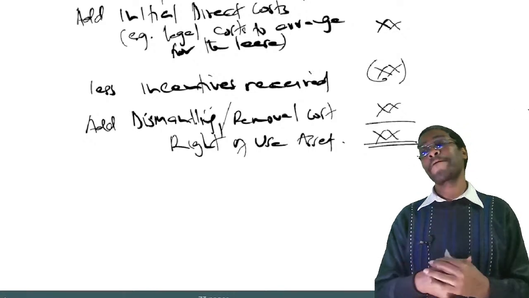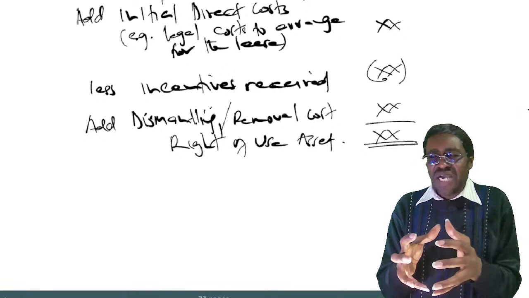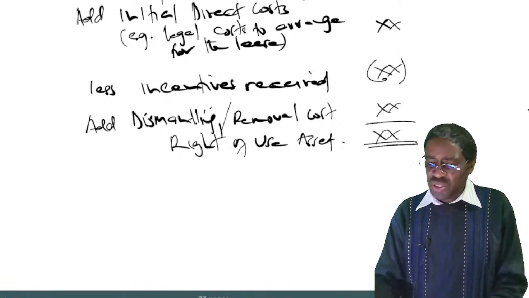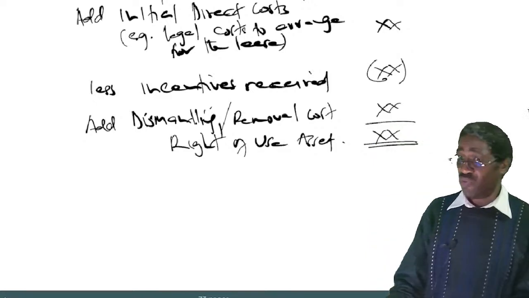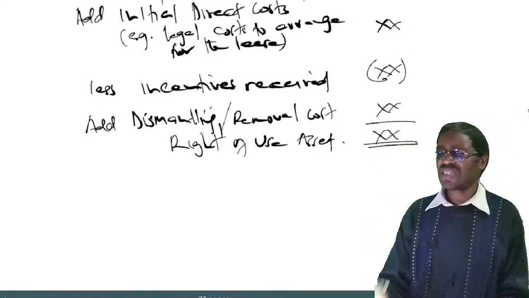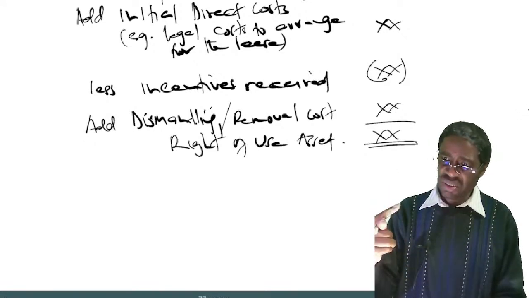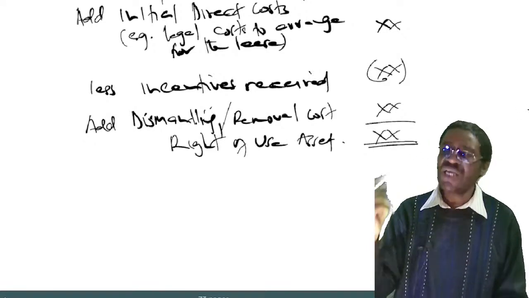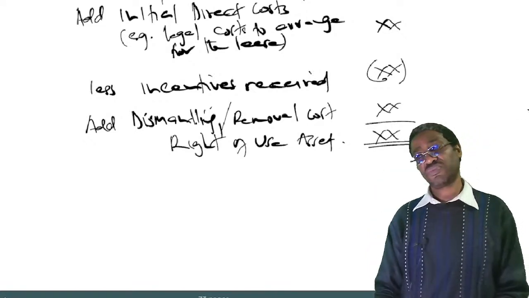Now, on the day you signed that agreement, you got maybe 20 million or 30 million as the right of use asset. Subsequently, at the end of each year, how do you remeasure that value of your asset in your books?